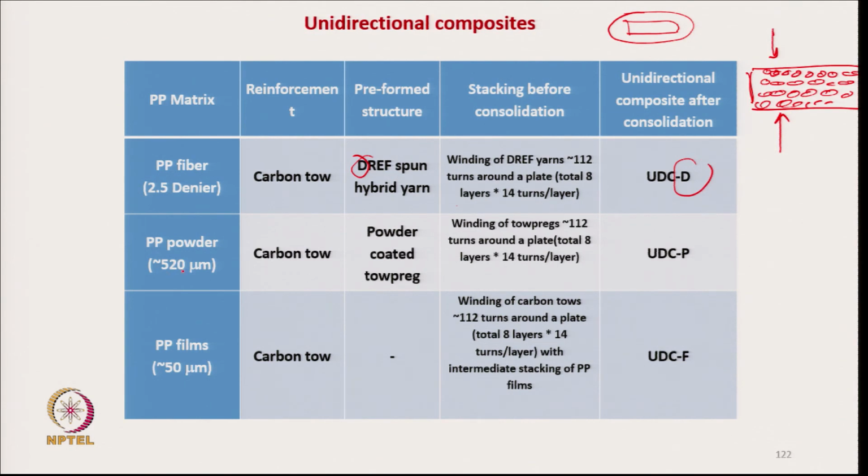Similarly, carbon tow powder, with 8 layers and 14 turns: UDCP, the unidirectional composite made from powder coating. For PP film, one film of 50 micron thickness was taken with carbon tow; here also 8 layers of 14 turns, but with films in between.